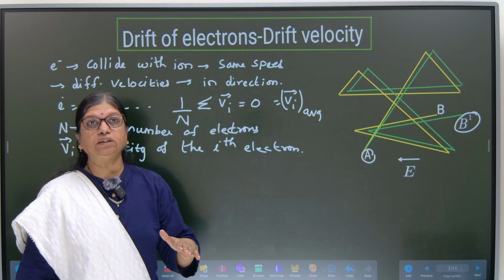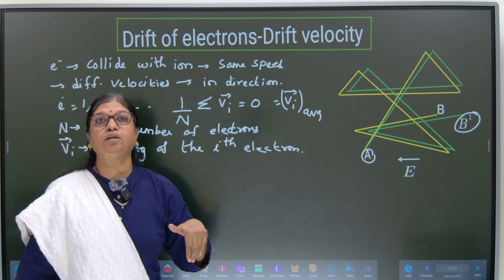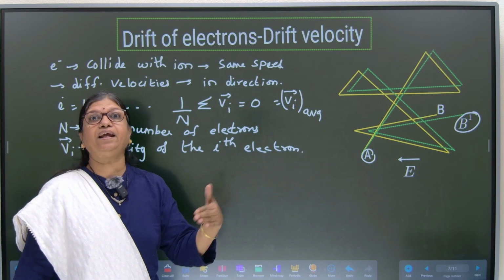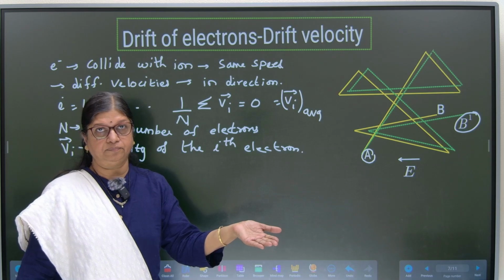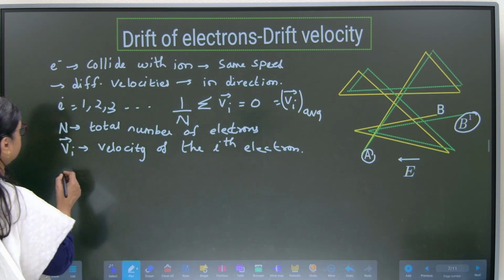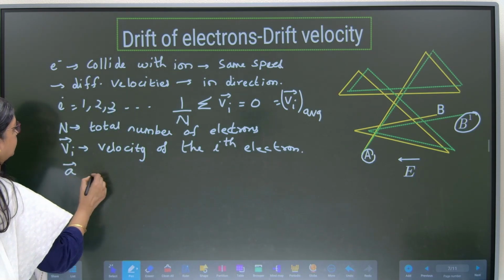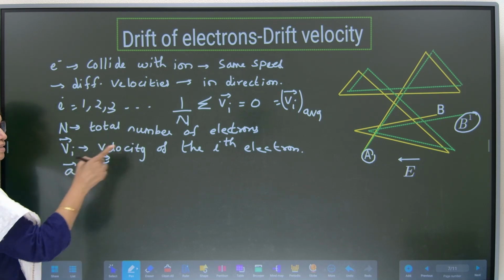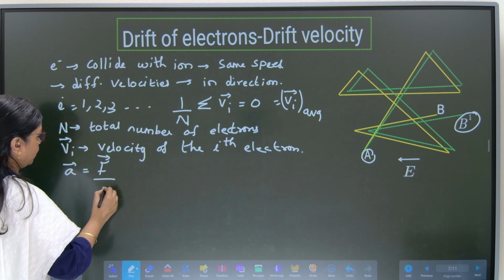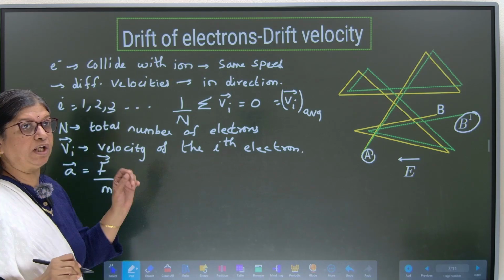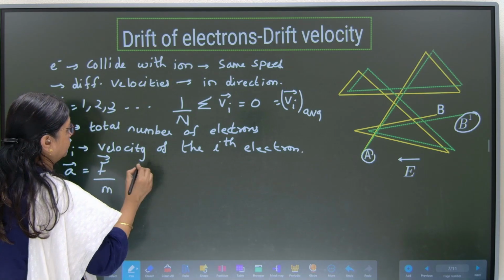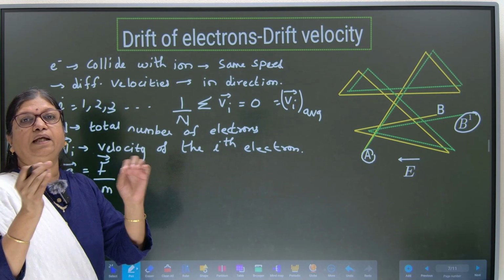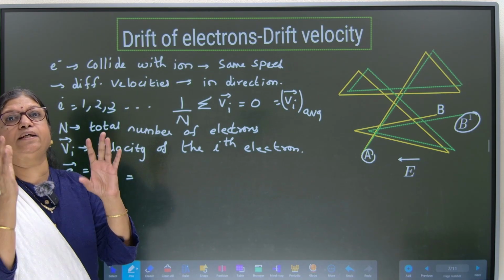Why? Because the electric field given to the electron accelerates the electron, and the acceleration of the electron is given by F, that is the force exerted by this electric field, upon m, where m is the mass of the electron. In chapter number 1 we have learned that the force is charge multiplied by the electric field.